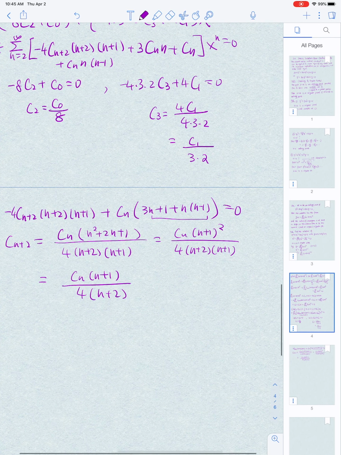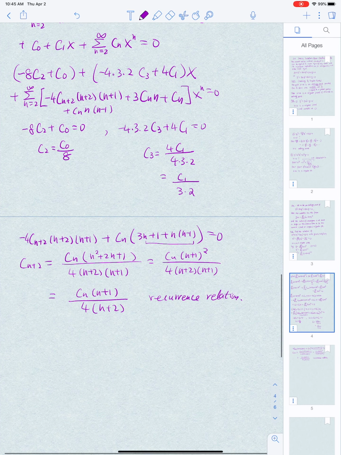And this is what we call the recurrence relation. And this relation works for n greater than or equal to 2.